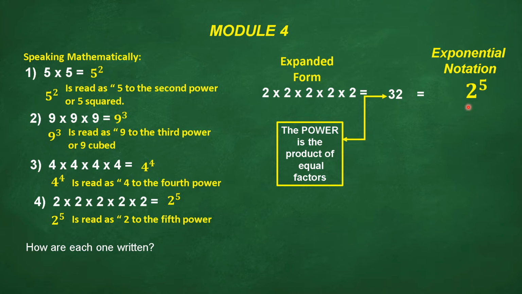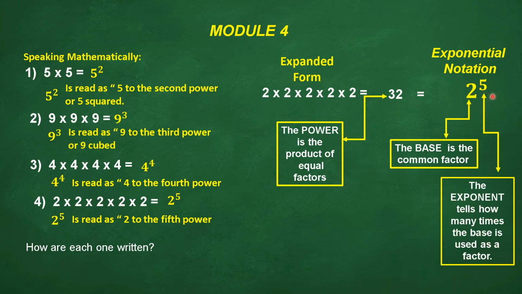So ano ba ang nasa exponential notation? On the exponential notation, this 2 is what we call the base. Siya yung common factor o yung paulit-ulit na minumultiply. Then, 5 is the exponent. Ito yung nagsasabi kung ilang beses na ginamit si base as a factor, or kung ilang beses na minultiply si base sa kanyang sarili.